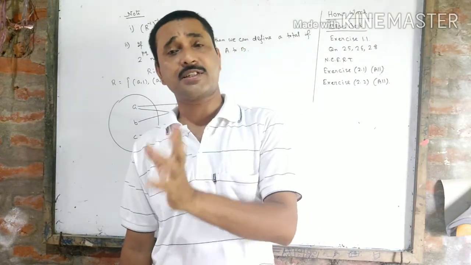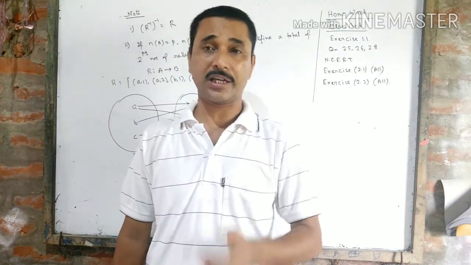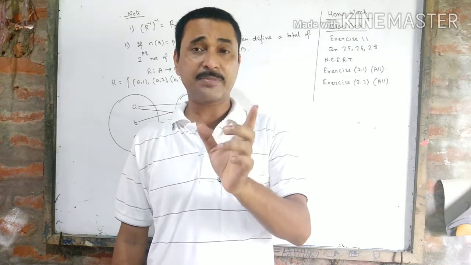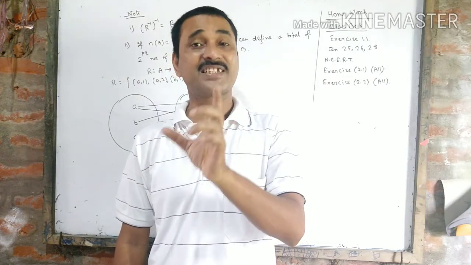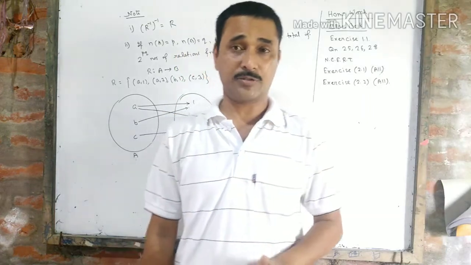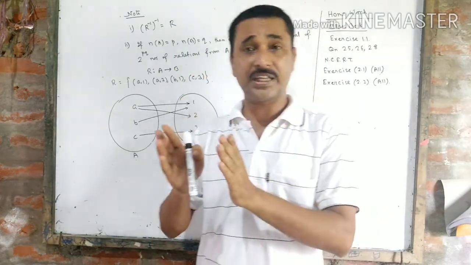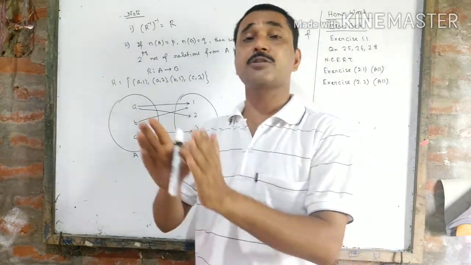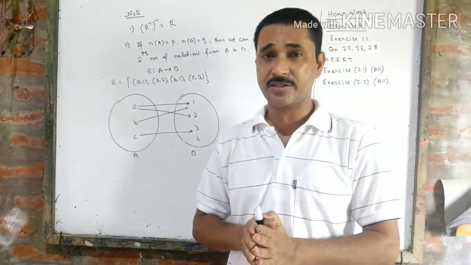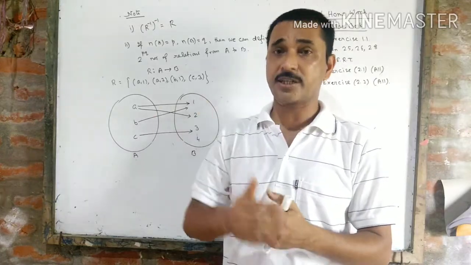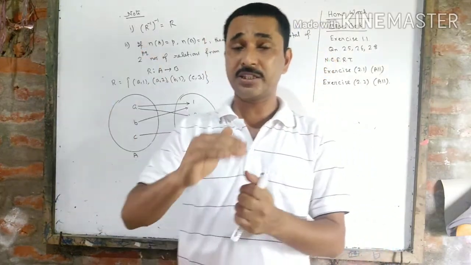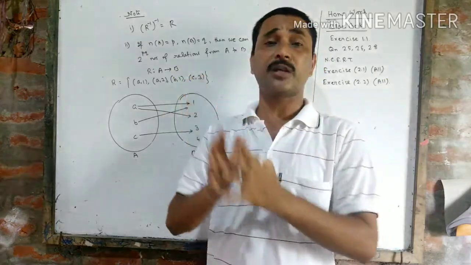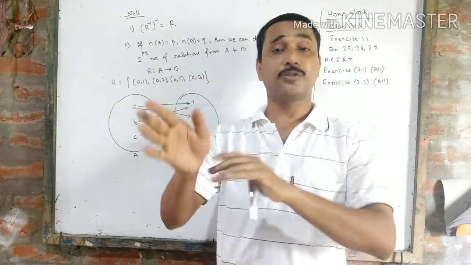A relation is a subset of the Cartesian product A cross B. So there will be as many relations as the number of subsets in A cross B. The set A has P elements and the set B has Q elements, so clearly A cross B will have PQ elements and the number of subsets will be 2 to the power PQ. So we will get 2 to the power PQ relations from A to B.